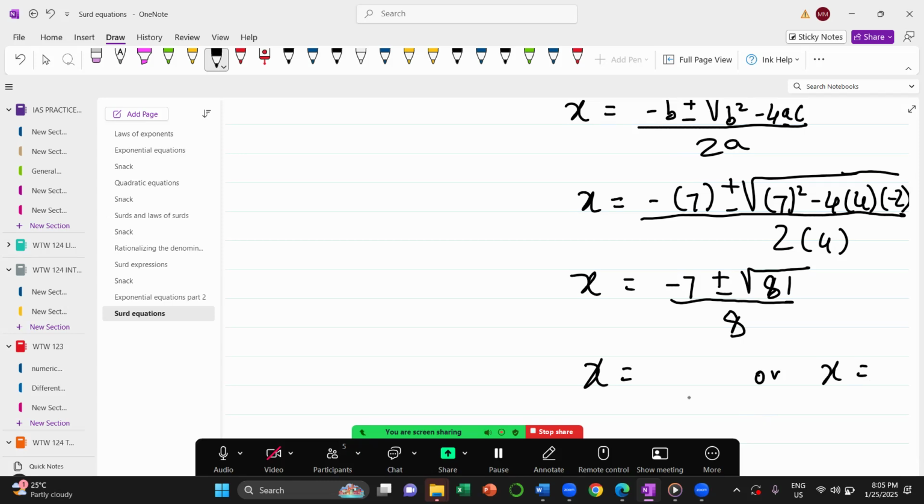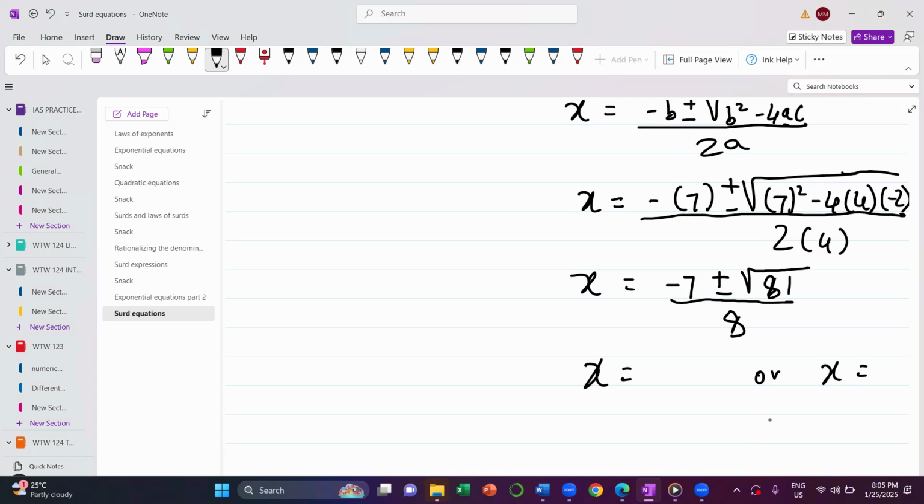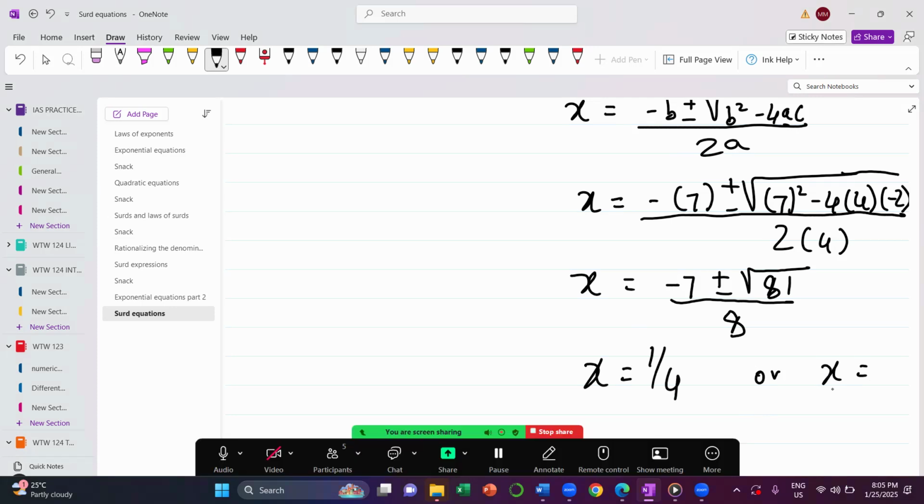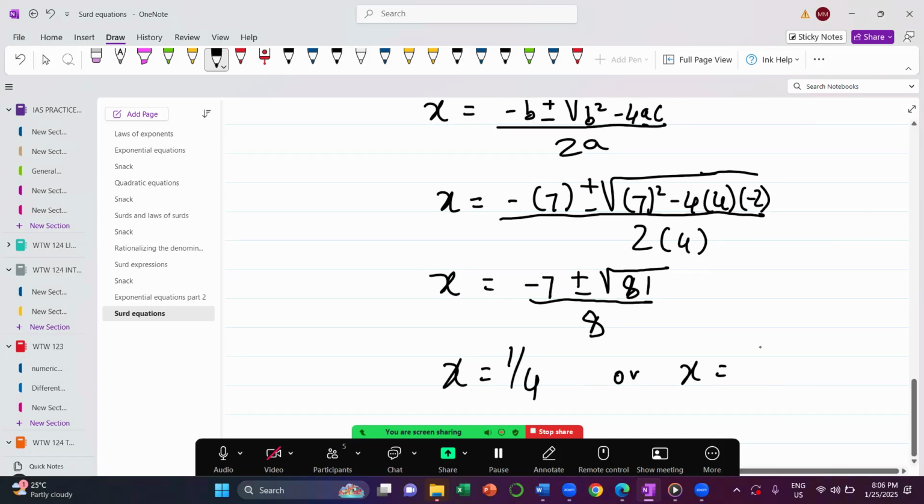Give me the final answers, please, boys and girls. x is equal to 1 over 4 or x is equal to negative 2, right?